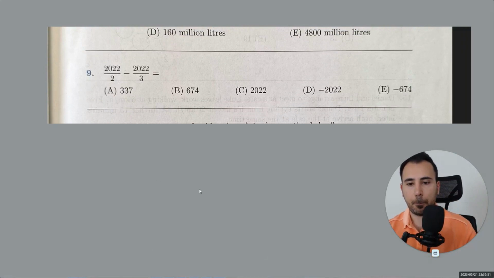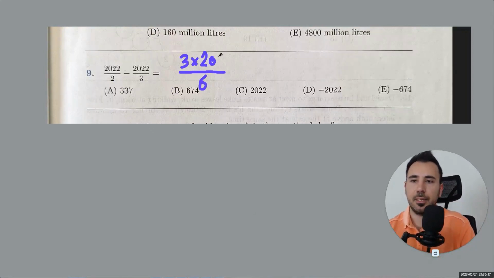This one, question 9, we want to subtract these two. We need to change the denominators. 2 times 3 is 6. So the 2 will be multiplied by 3. I think I don't need to explain that. It's too basic.